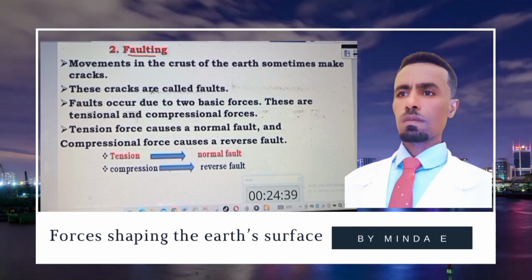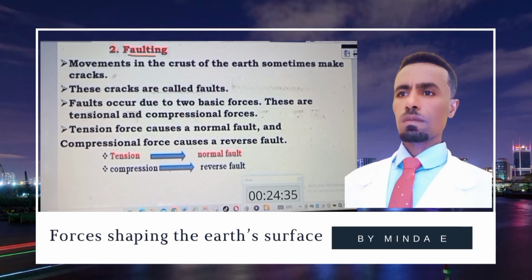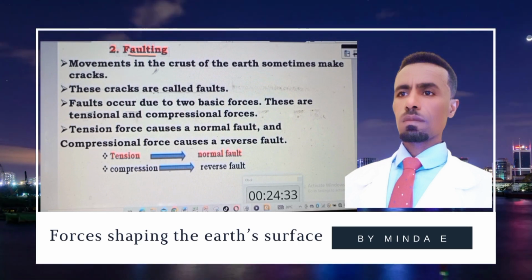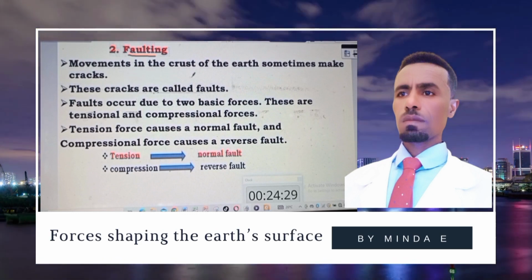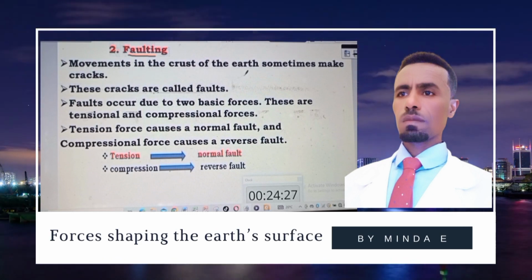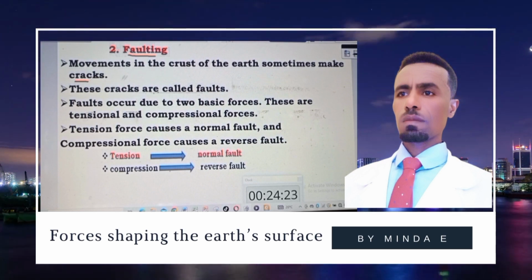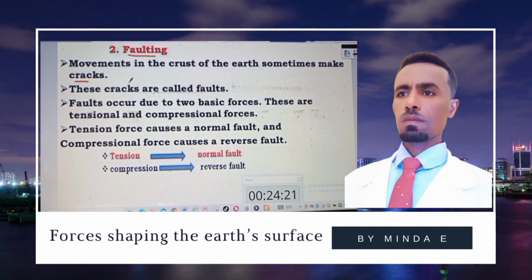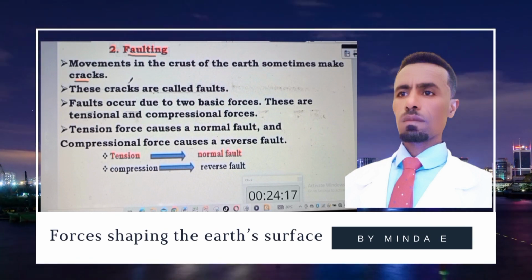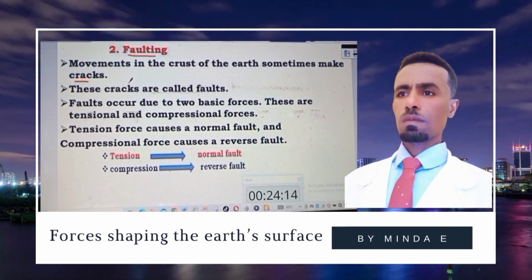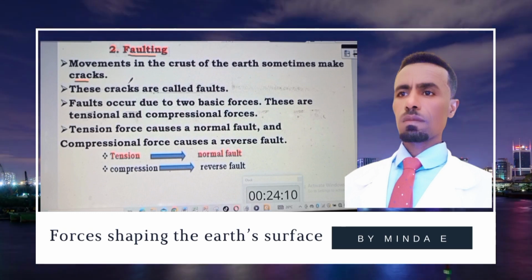So now let us discuss what I mean by faulting. Movements in the crust of the earth sometimes make cracks, and sometimes make folding.